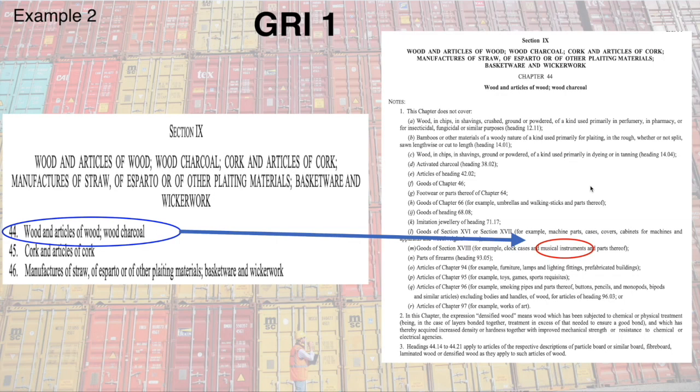Okay, so this chapter number 44 does not include our musical instrument, the Spanish wooden guitar, and therefore we must go back and look for some other reference that will help us find the correct code.